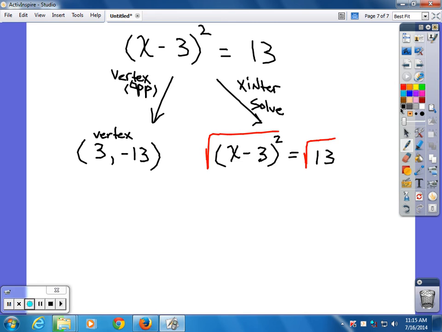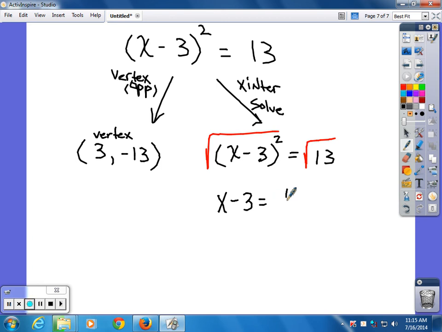And that's going to give you x minus 3 is equal to, well, a while ago, I think we said the square root of 12.5 is equal to 3.5, did we not? Didn't we say that on the last problem? So it would be about 3.6? Okay.